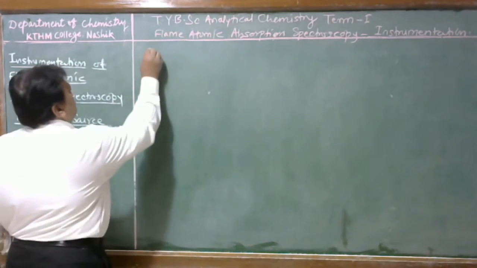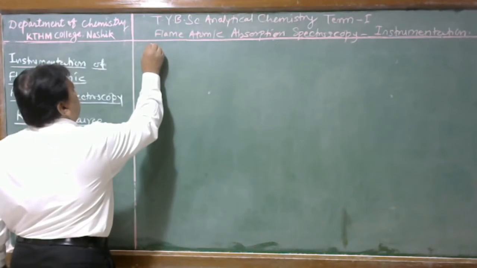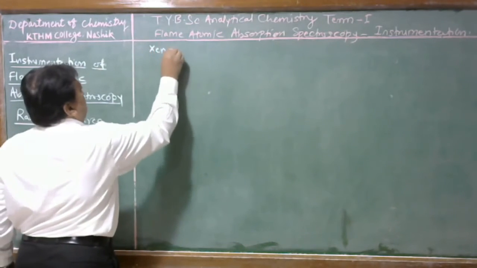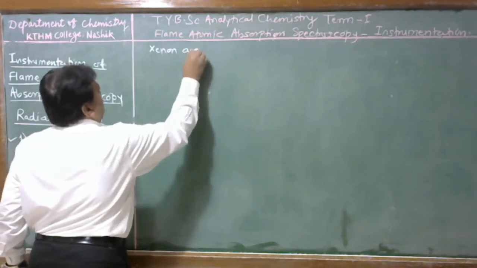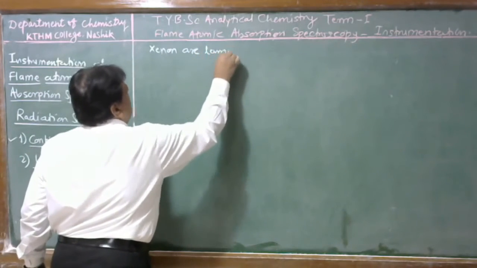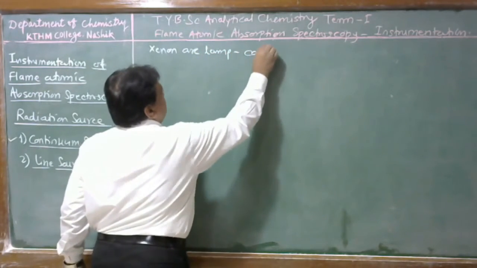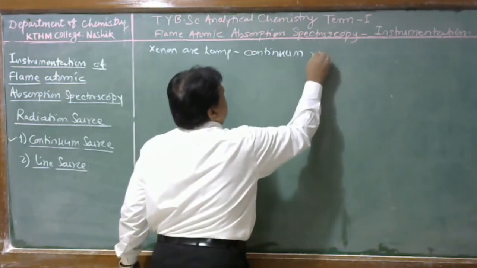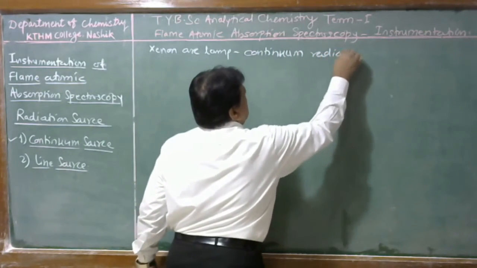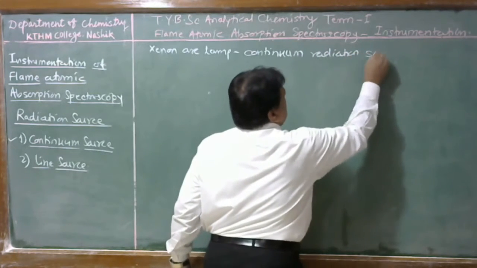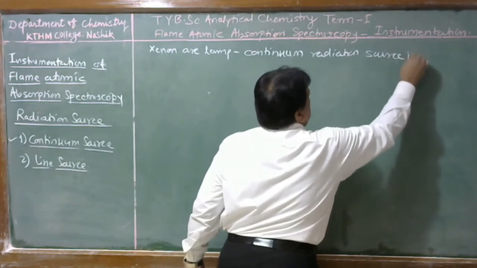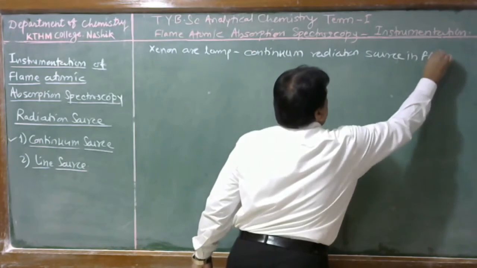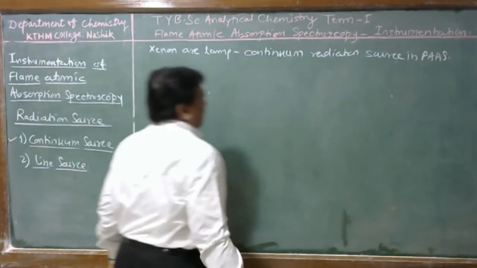First of all, we discuss the construction and working of the xenon arc lamp, used as a continuum radiation source in flame atomic absorption spectrophotometer.